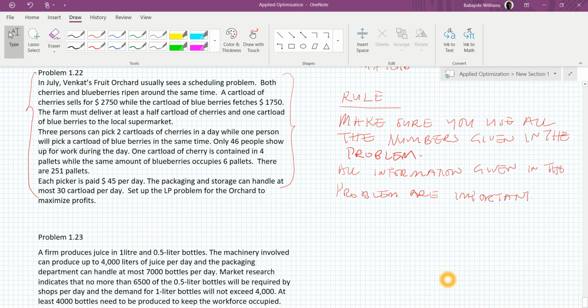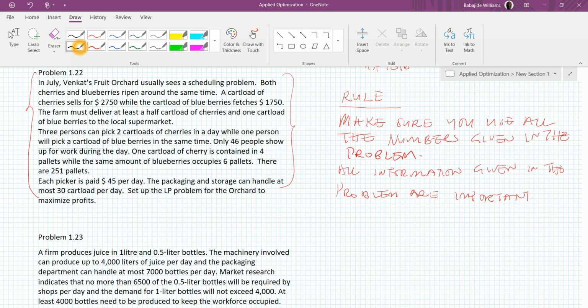In July, Venkat's Fruits Orchards usually sees a scheduling problem. Both cherries and blueberries ripen around the same time. A cartload of cherries sells for 2,750. The cartload of blueberries fetches 1,750. The farm must deliver at least a half cartload of cherry.